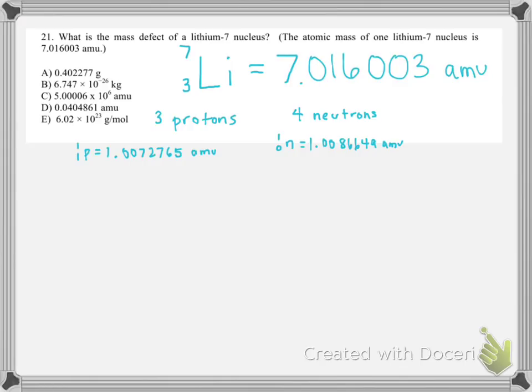Okay, so we're just going to say we have 3 protons and figure out how much the protons weigh, 4 neutrons, figure out how much those weigh, and add them together to see how much this nucleus should weigh.